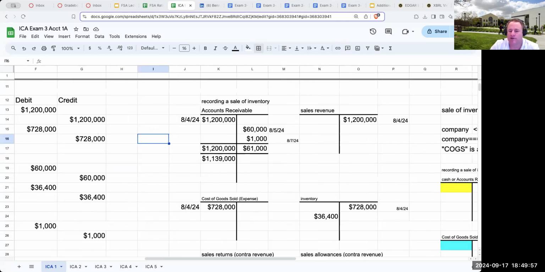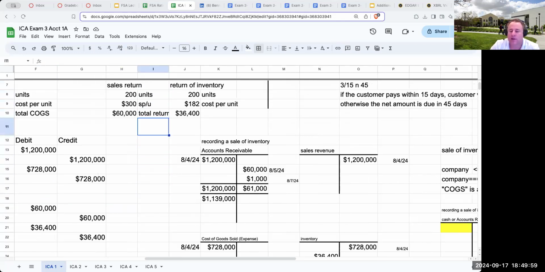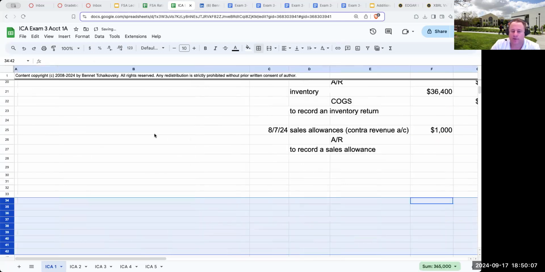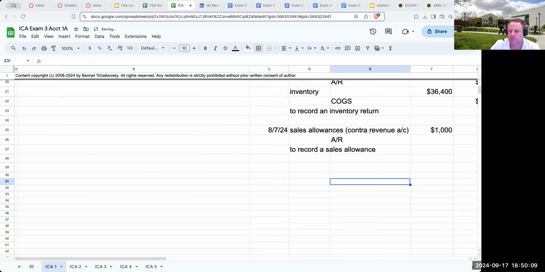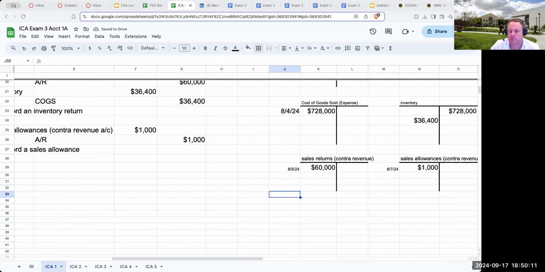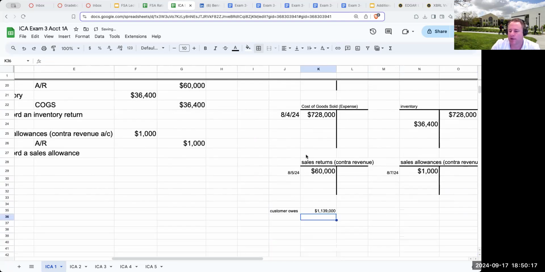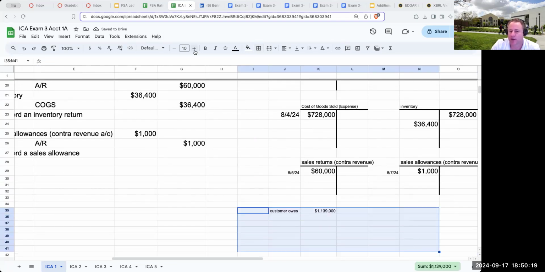However, are they going to pay that entire amount? The answer is no. How much are they going to go through and pay us? Well, the customer right now owes us 1,139,000, right? That's how much they owe us.